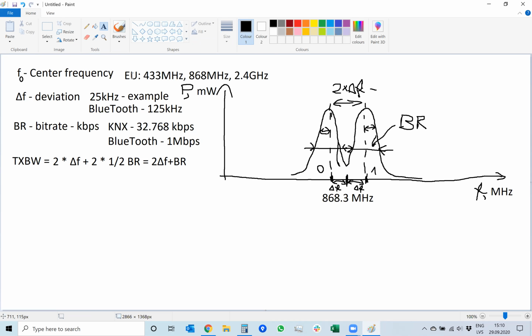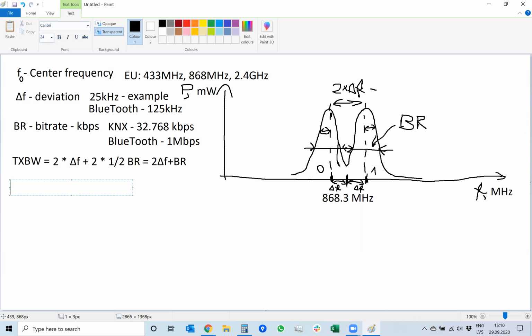So actually these bands are defined as a range between which you need to be located. So for example, instead of 868 megahertz band, it actually is 868.0 to 868.6 megahertz.